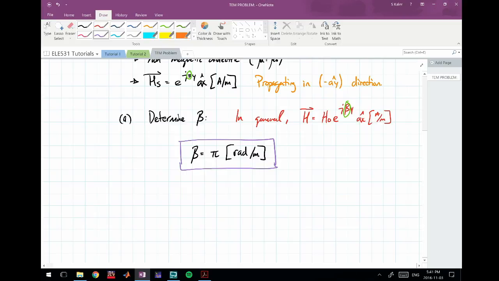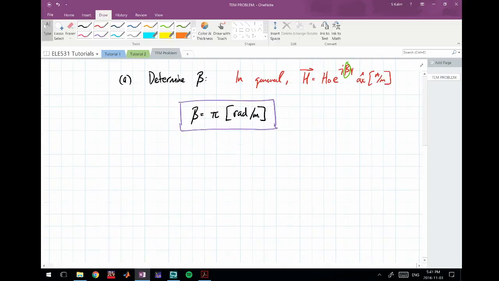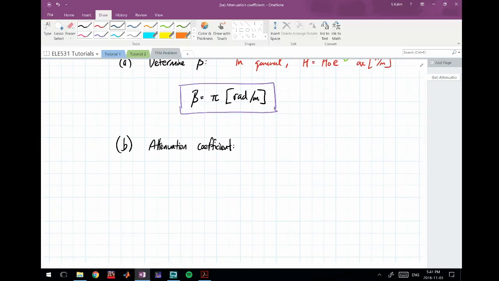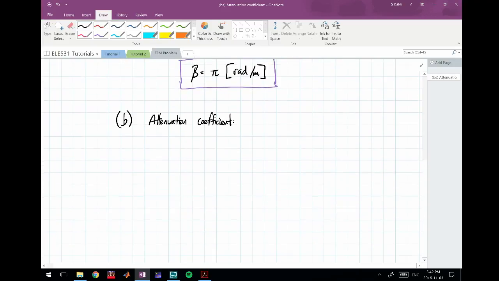Okay, now moving on to part B. Part B asks to find the attenuation coefficient. Now, looking at this expression for H_s, we realize that there's only one term. It's e to the j pi y. In the general case, if you recall, I believe we discussed this in the first tutorial.